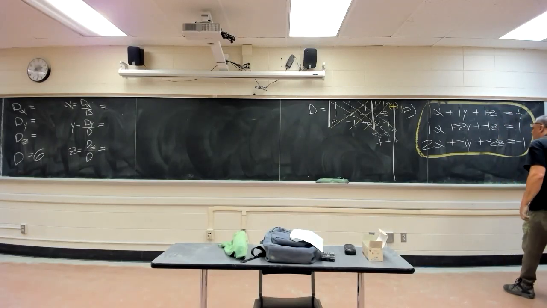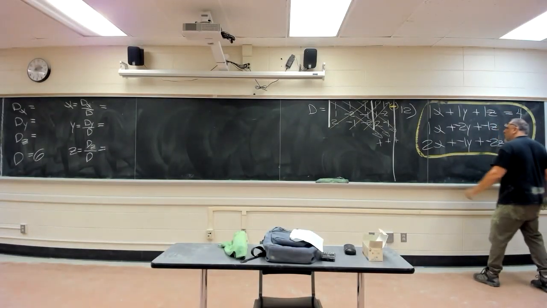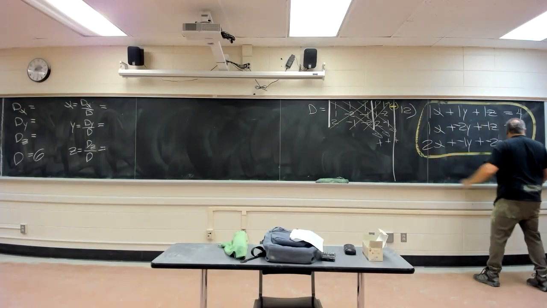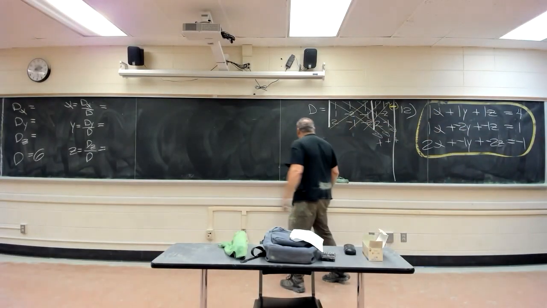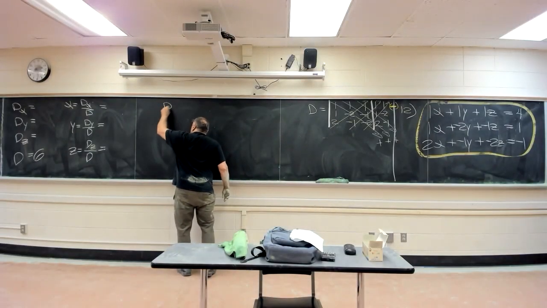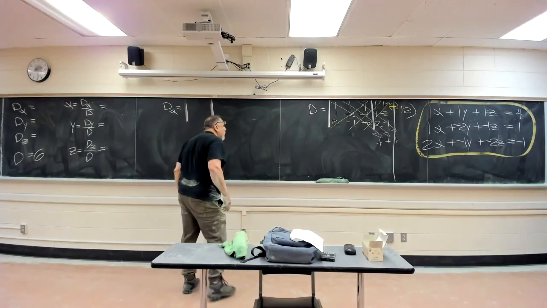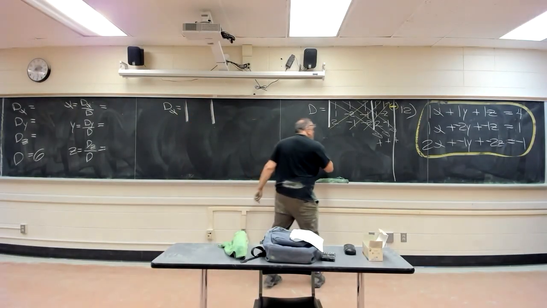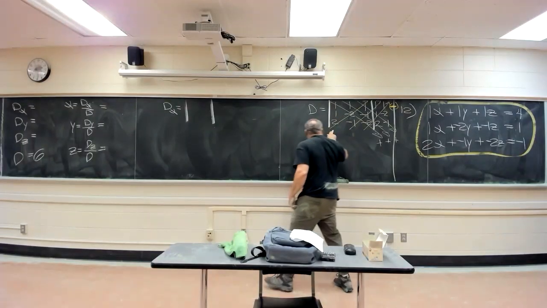Let's try to solve for x. That'll be the d sub x. Get rid of the 1. Get rid of the 1, 1, and 2, and put 4, 1, negative 1. So what you got here is you're going to put 4, 1, negative 1 in place of where this was.